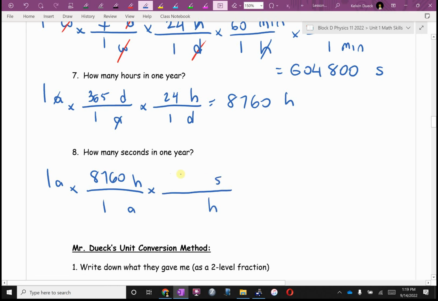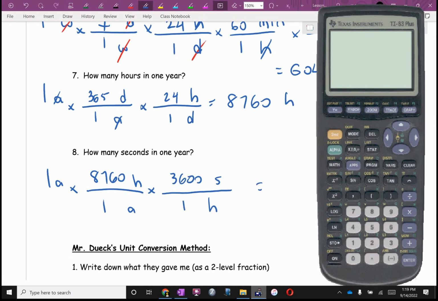We can say 3,600, and lo and behold, every year contains 8,760 times 3,600. I'm ignoring you. Give me a second. I know where I'm going. Patience, grasshopper. 31,536 and 3 zeros.